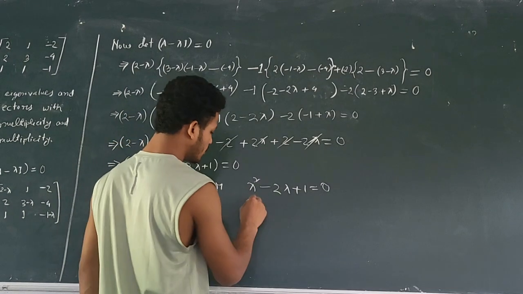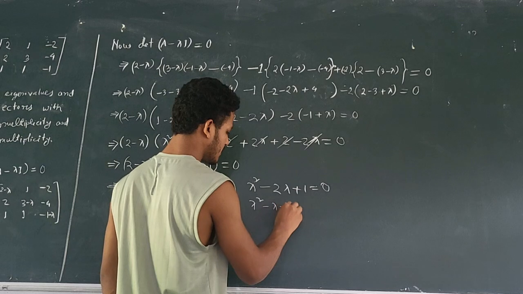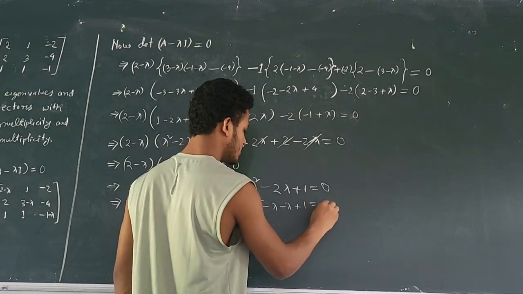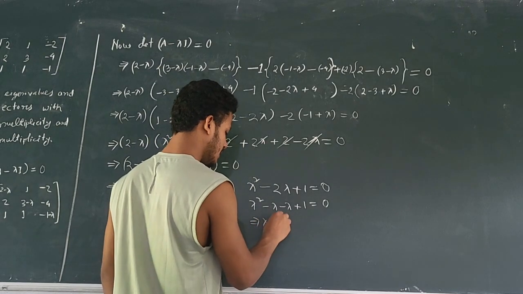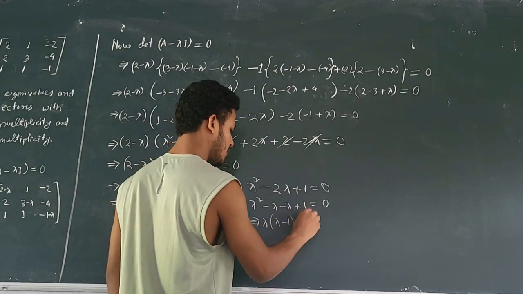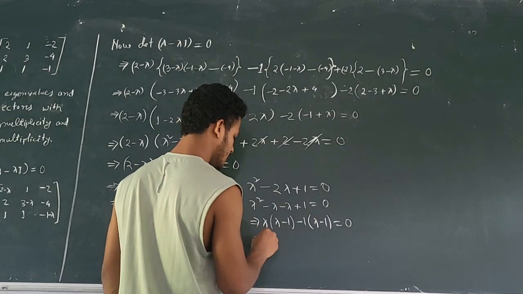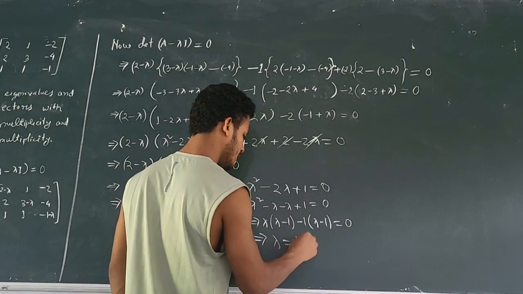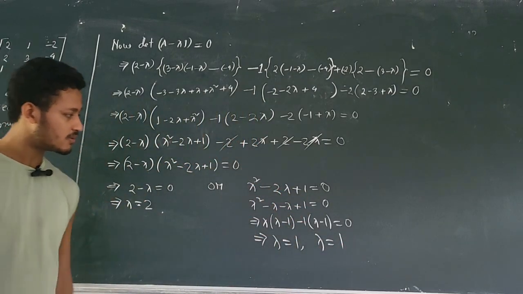And if this is equal to 0, you will get lambda square minus 2 lambda plus 1 equal to 0, and then we will get lambda minus 1 into lambda minus 1 equal to 0, and then lambda is equal to 1 and lambda is equal to 1.